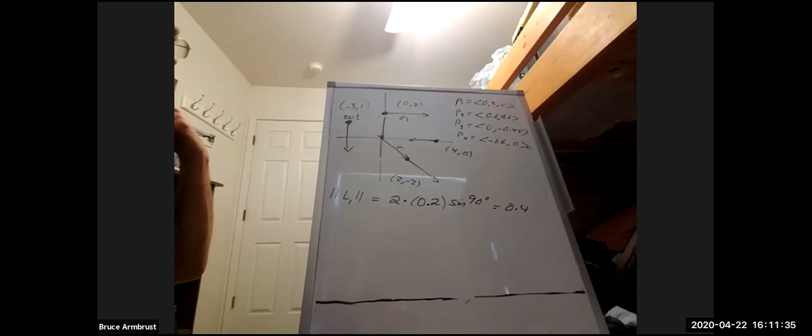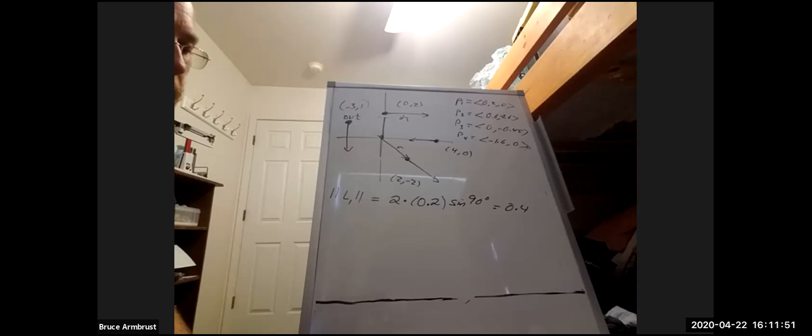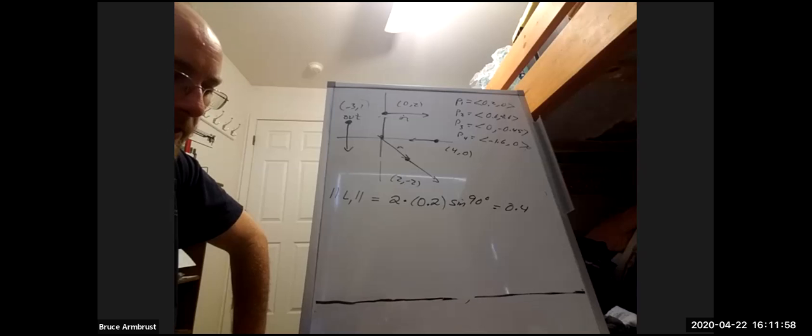And do you remember what the units on these are? Rads per second. I don't know. Okay, so let's think about what momentum is. Momentum, that's going to be kilogram meter per second.